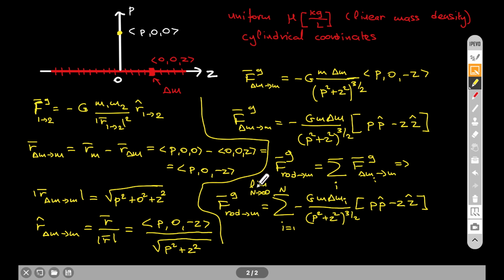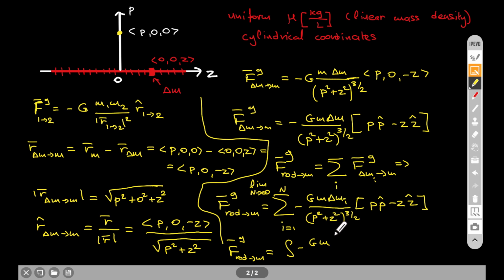But we do know that when you divide things into infinitely small pieces and you take the limit when n goes to infinity, in this case, I'm really converting the sum into an integral. So my expression is going to look like this. Fg from the rod on the mass is going to be an integral of minus GM.